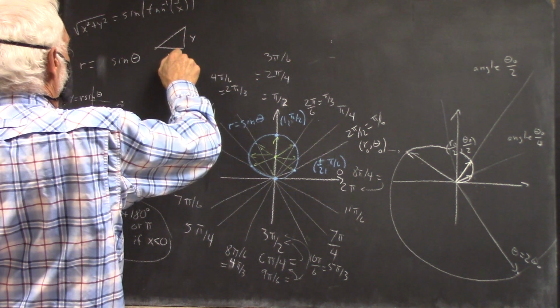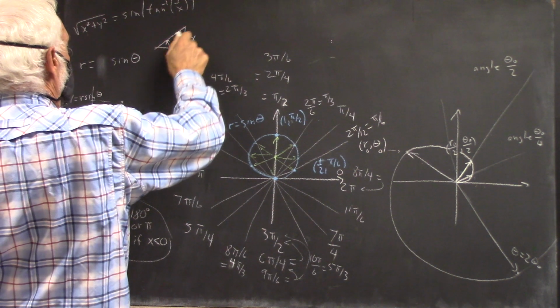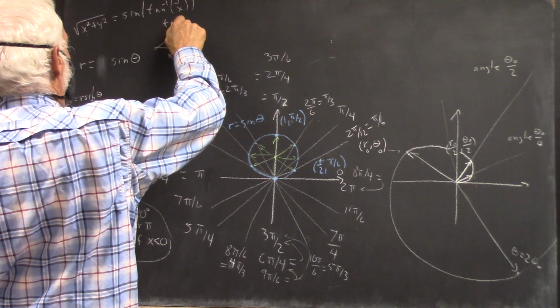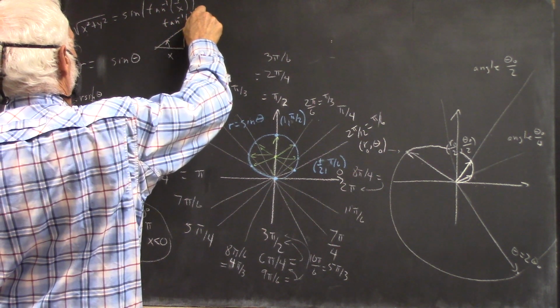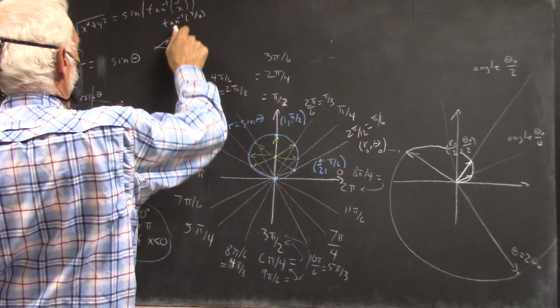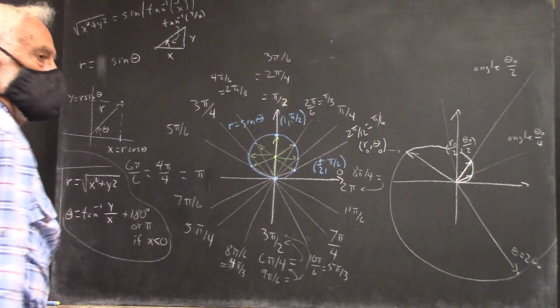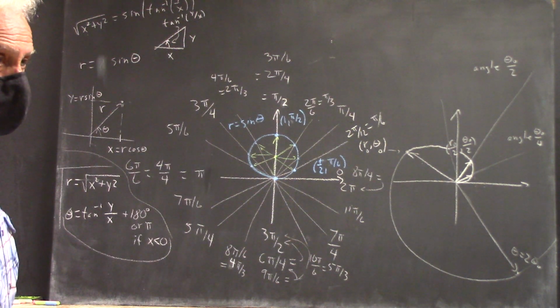Here's y, here's x. This angle is the inverse tangent of y over x. What's the sine of this angle?